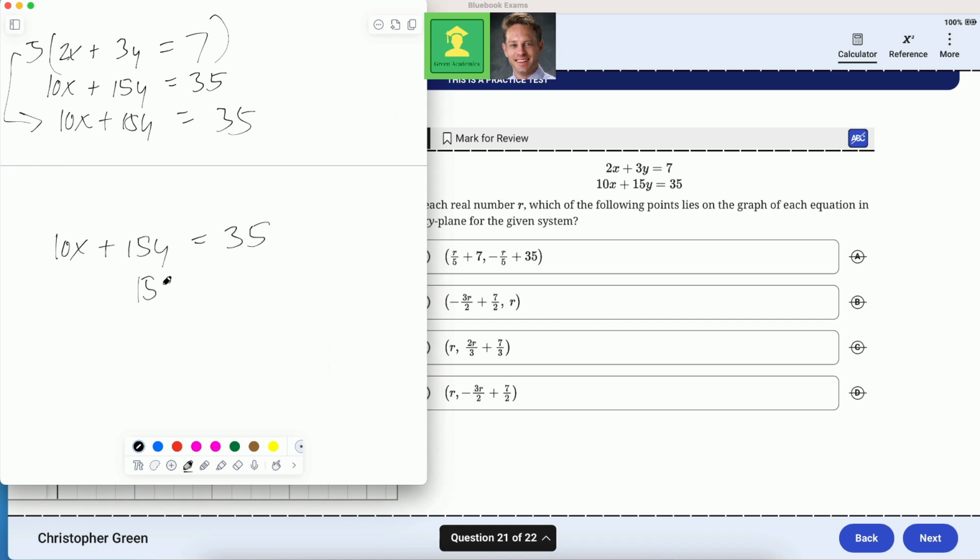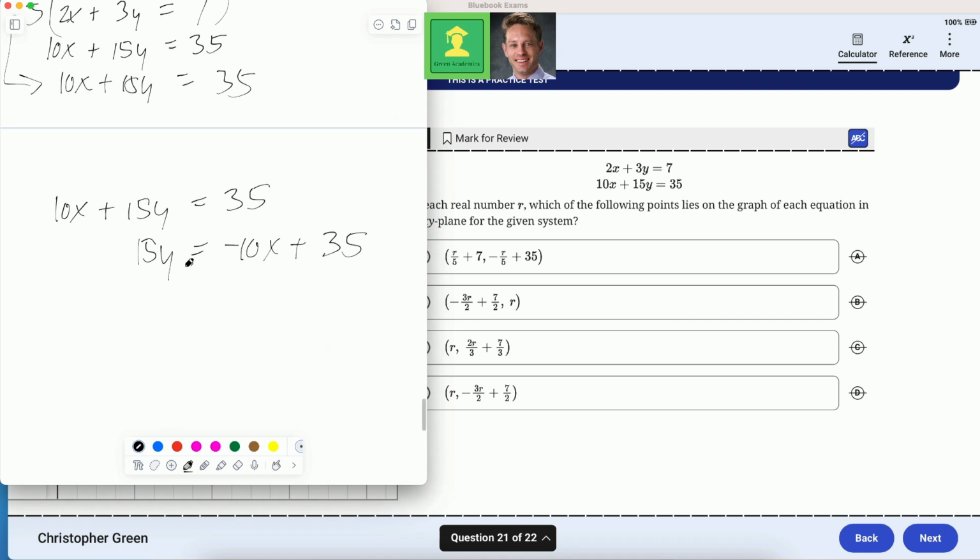Now your instinct is to put it in slope-intercept form. Let's see what happens if you do that and divide everything by 5. So now I'm looking at 3y is negative 2x plus 7. So y itself is negative 2/3 x plus 7/3.